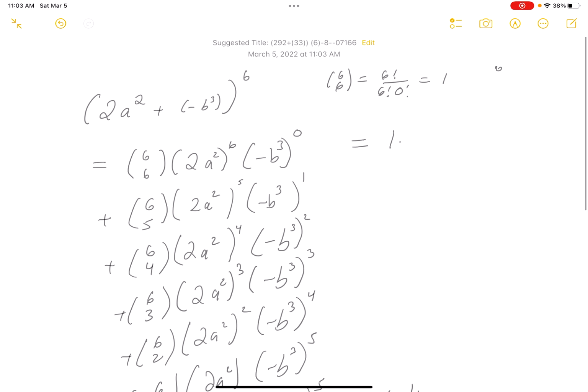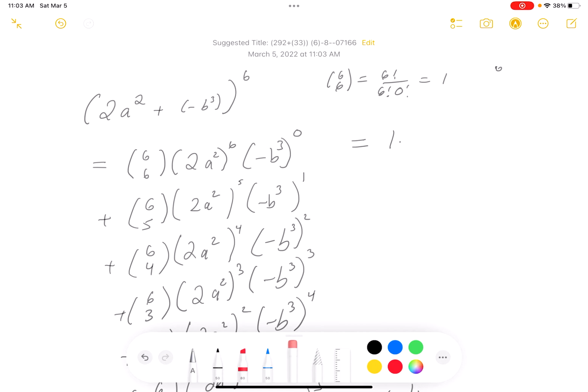Let me just get my eraser out. And 6, 0. I'll write this over here. What's 6, 0? 6 factorial over 0 factorial and 6 factorial. It's symmetric. It's still 1. I mean, it looks exactly the same. Let me get my eraser out. I don't need that anymore.